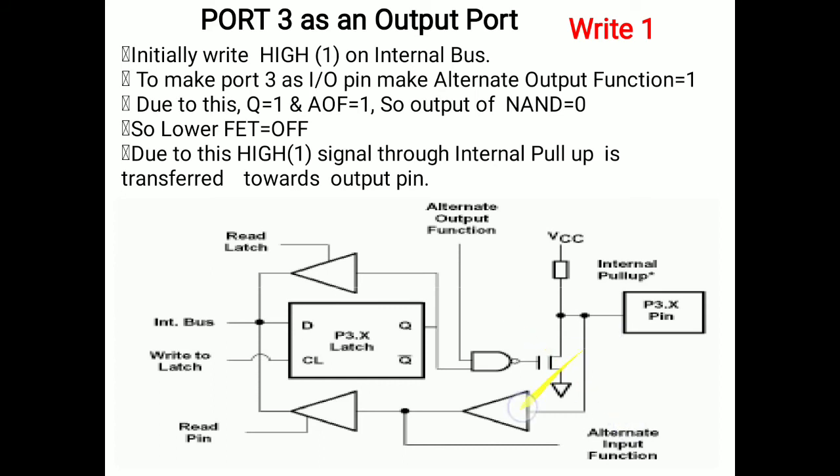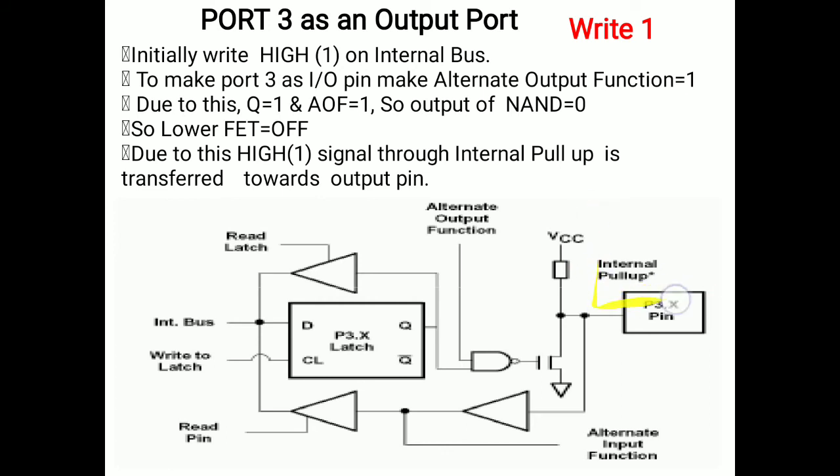Also the input is not activated, that is, we cannot read the signal because of deactivation of this buffer or latch. So whatever signal is coming after the pull-up resistor, that is VCC through the pull-up resistor, is simply applied as a logic 1 towards the port pin.